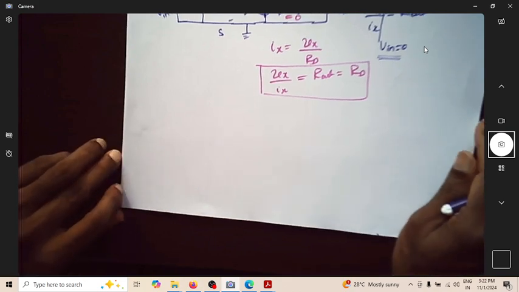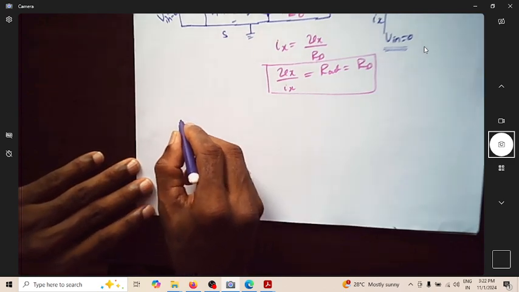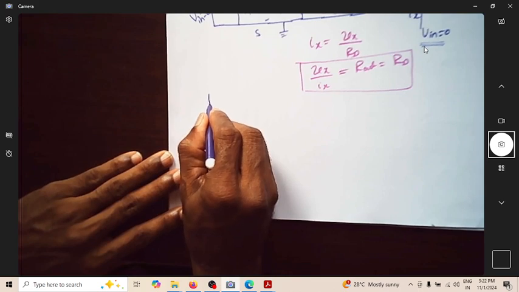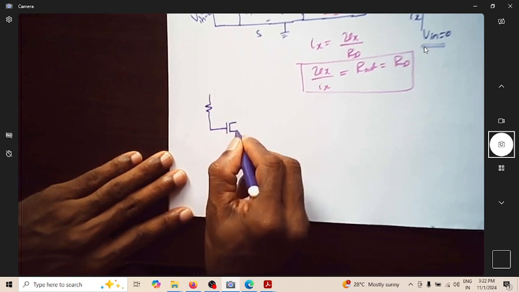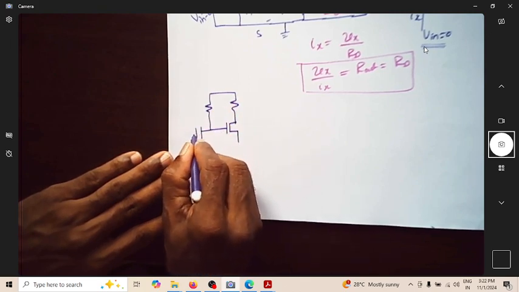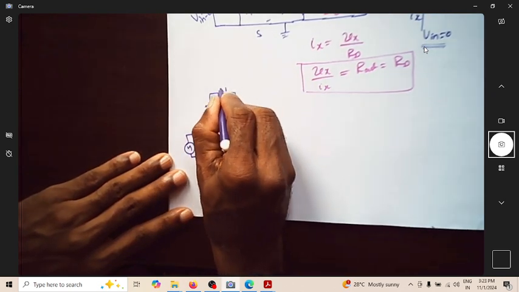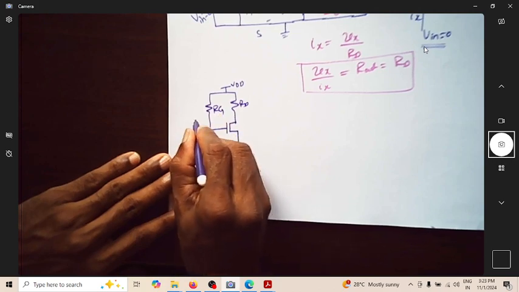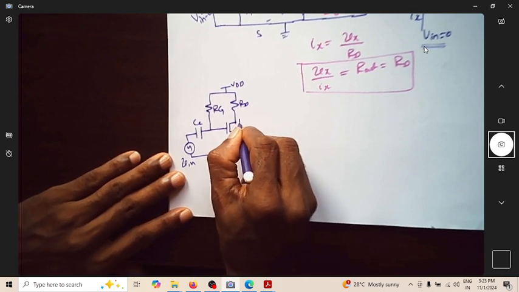Okay, maybe we'll just do a few more circuits to find what is R in, R out. So let us take this circuit here. This is again a CS amplifier. This is VDD, RD, RG, CC, Vin, ground, source, drain.